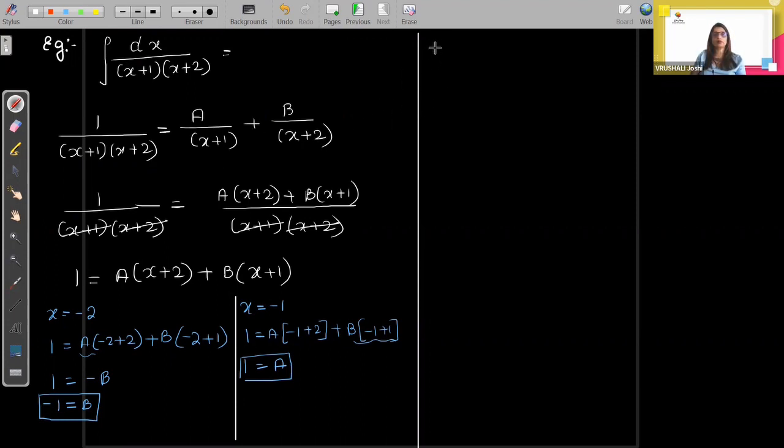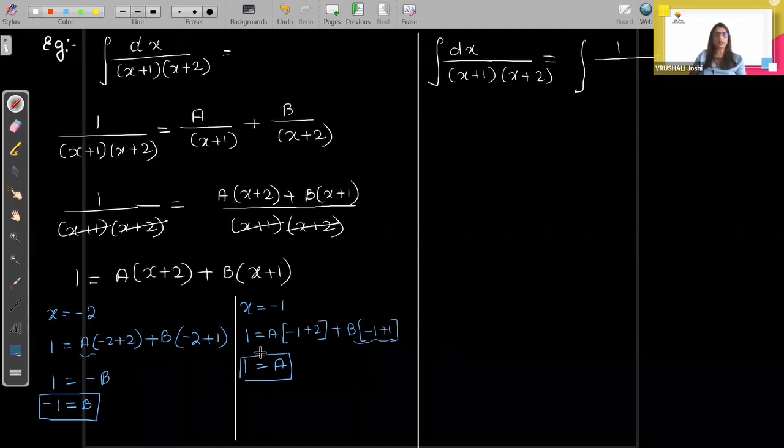At this stage you can rewrite it, therefore this is equal to integration of dx by x plus 1 into x plus 2, which can now be written as integration of 1 by, what is the value of a? 1. See at this stage, correct? 1 by x plus 1 plus minus 1 by x plus 2 dx, correct?